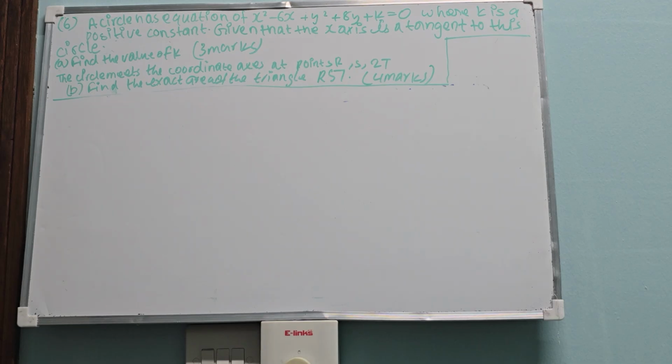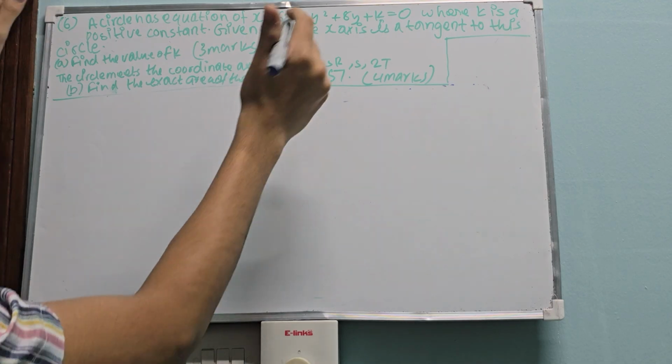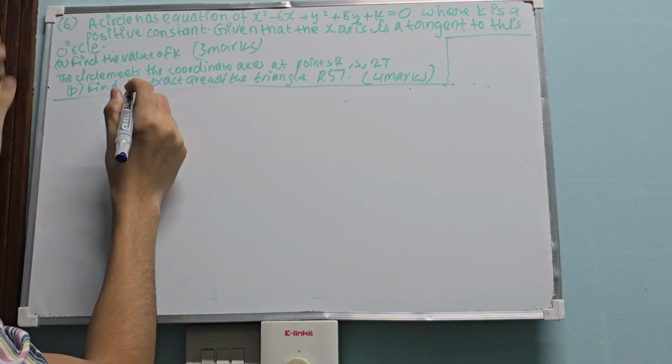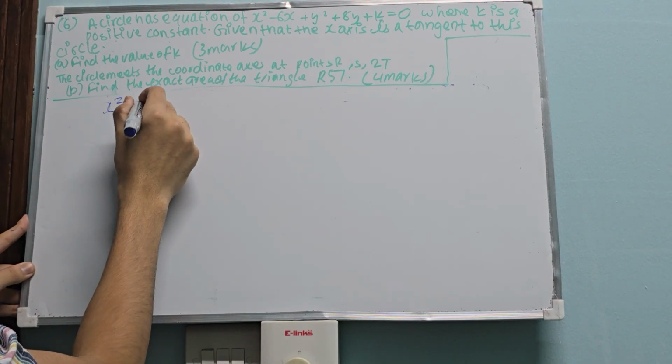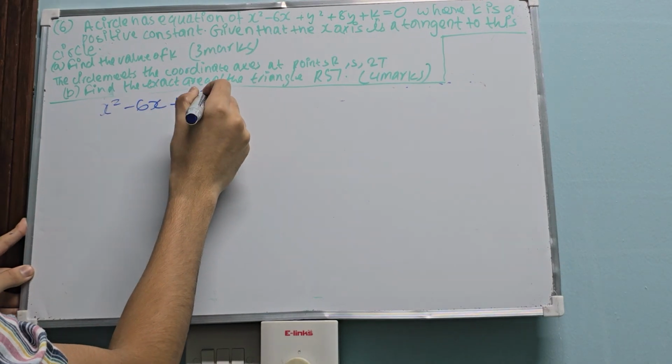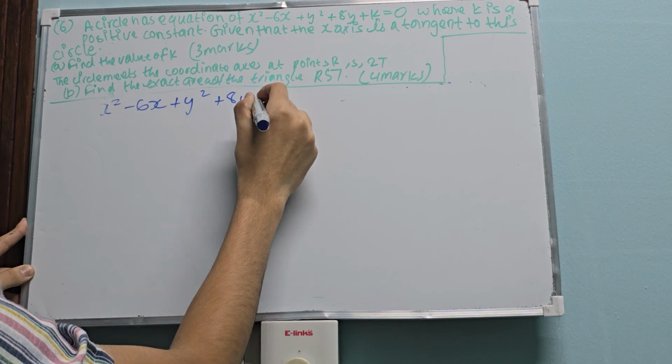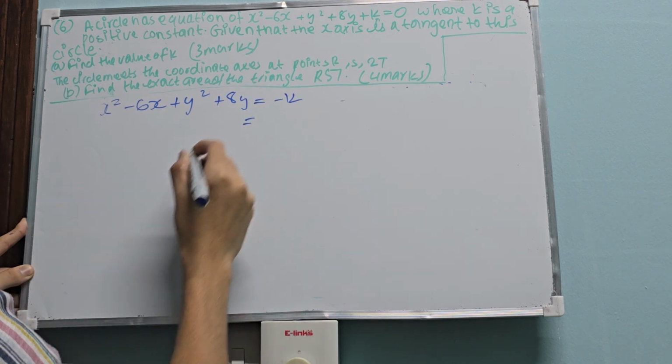Alright, and what we need to know is the center of the circle in order to approach this question, because if we find the center and draw it visually, you're going to understand better. So first of all, just find the center of the circle. So x squared minus 6x plus y squared plus 8y is minus k.